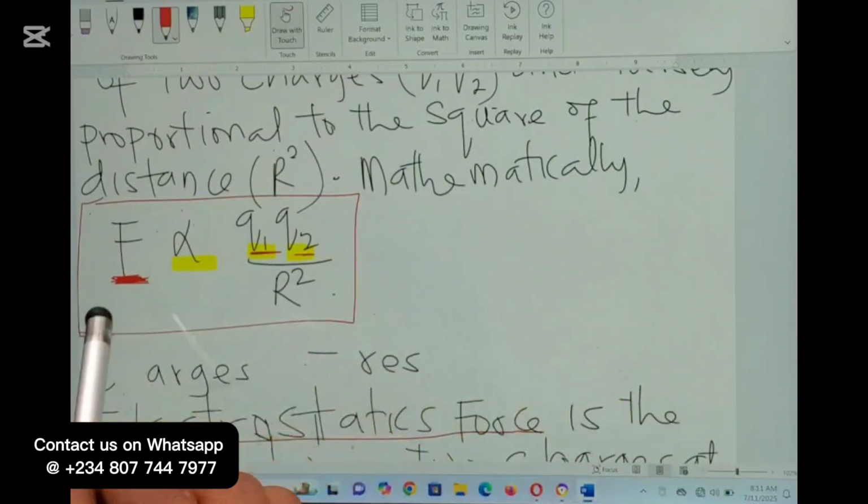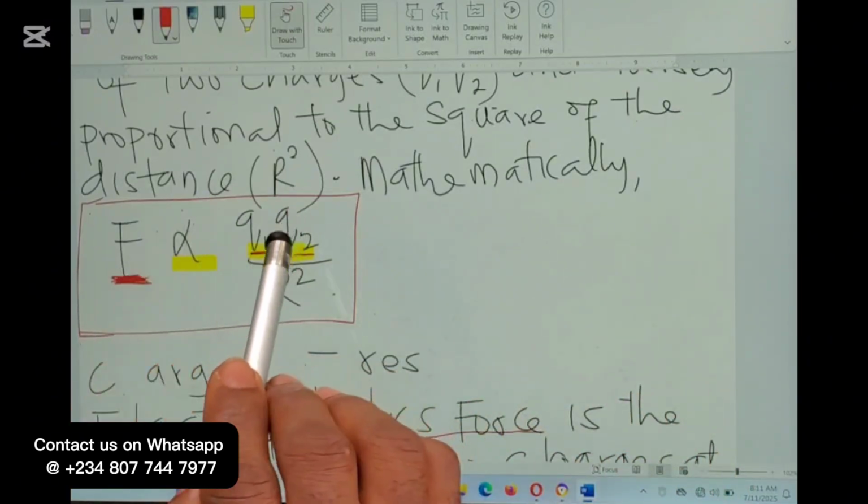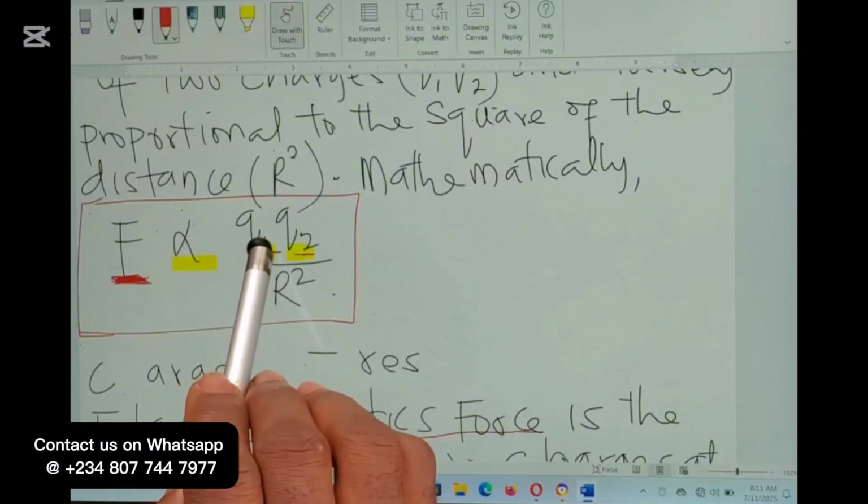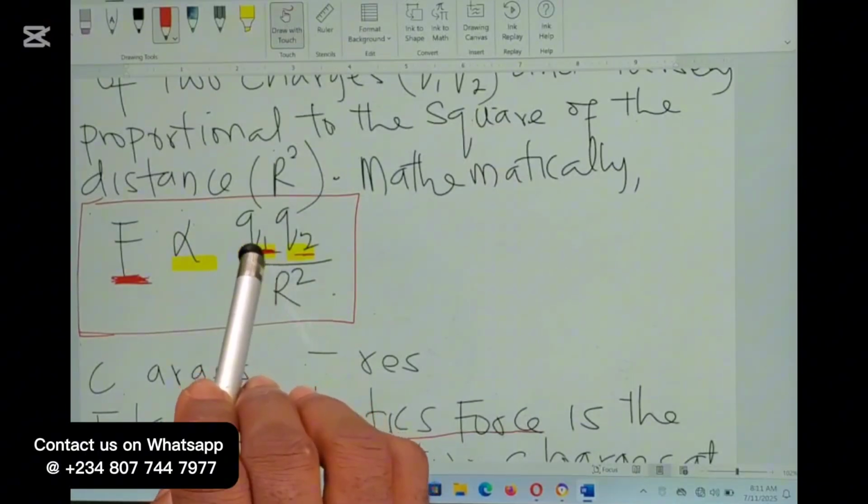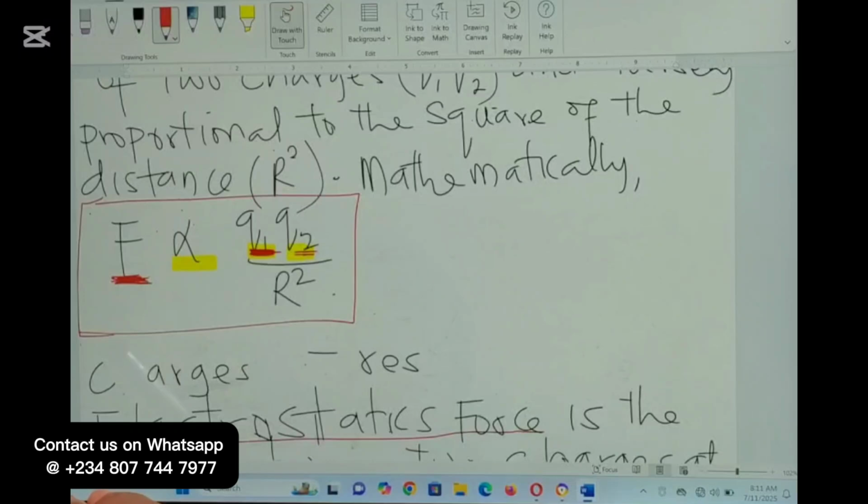So an increase in the force leads to an increase in the charges. To determine the nature of this force, we have to first know the nature of the charge.